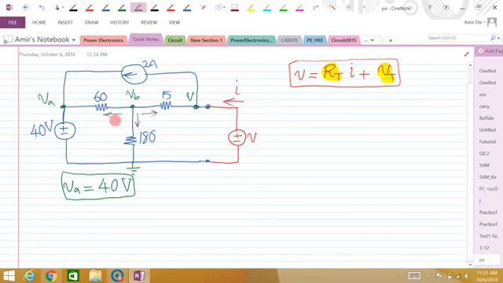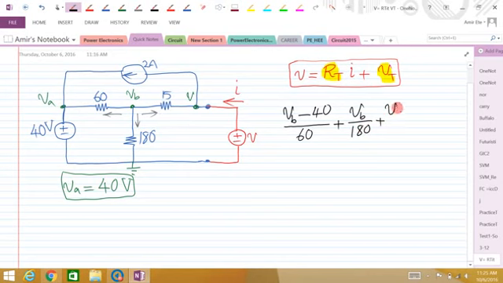This current going to the left, VB minus VA, which is 40, over 60, plus the current going down, VB over 180, and the current going to the right is VB minus V divided by 15, equals 0.